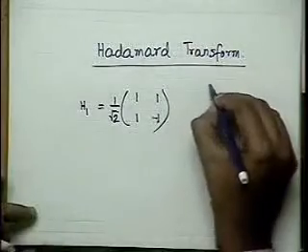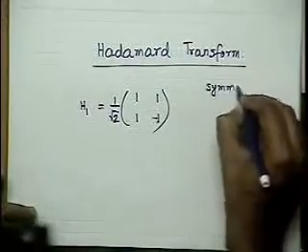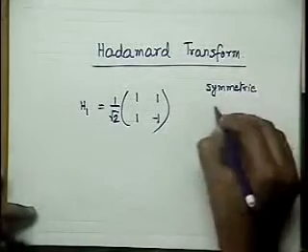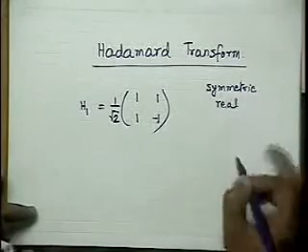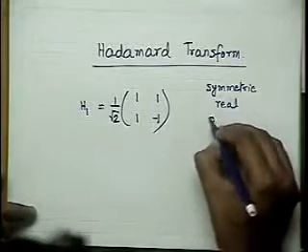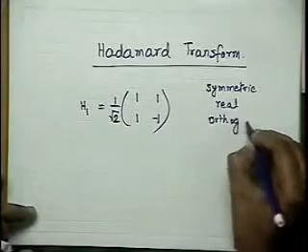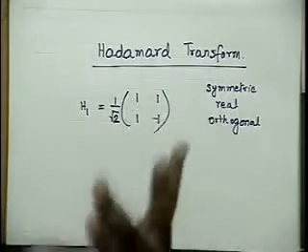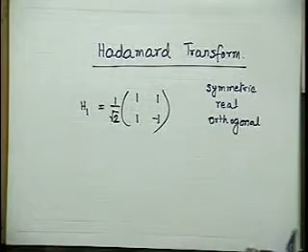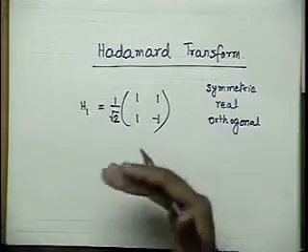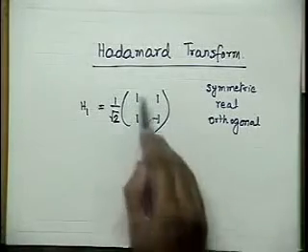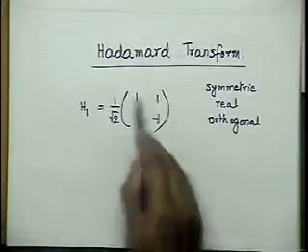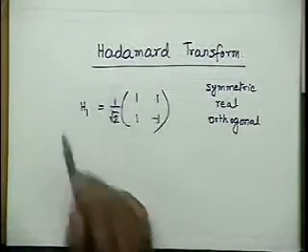So the matrix which is now formed is symmetric, it's real, and it's orthogonal. All right, so this is the elementary matrix, and the matrix of higher size can be composed by simply using this elementary matrix.